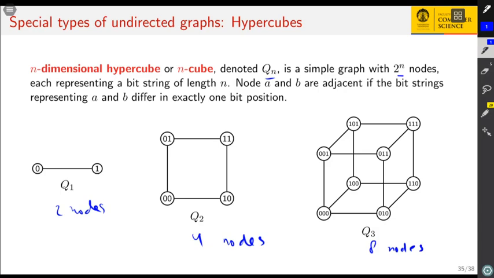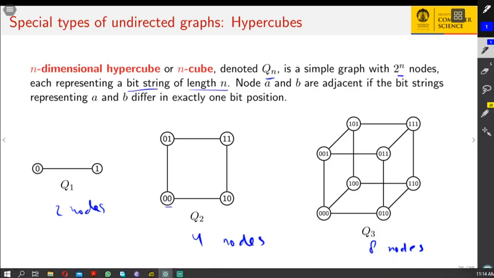Now, the idea here is that each node in a hypercube represents a bit string of length n. So in Q1, each node represents a bit string of length 1. In Q2, each node represents a bit string of length 2, and so on.